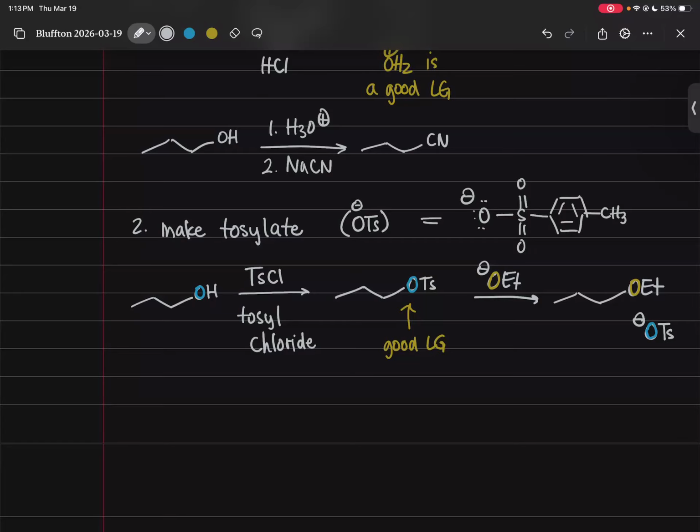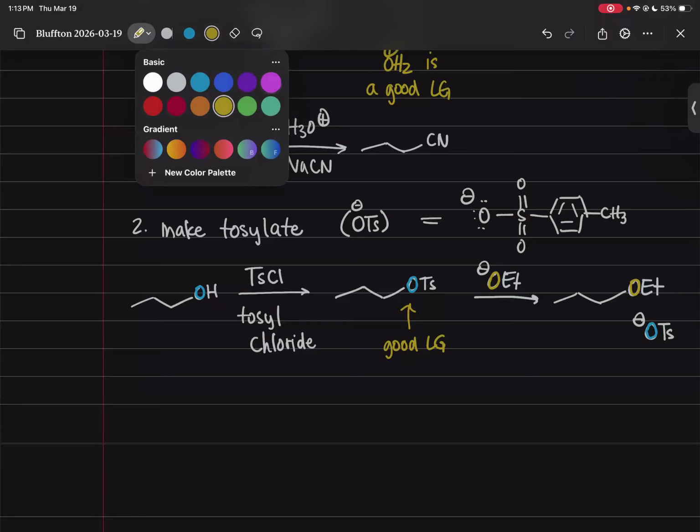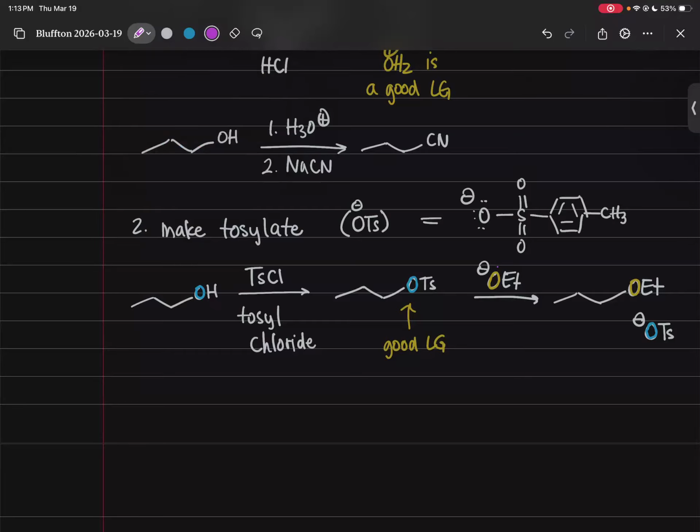But then when we do the SN2 reaction, this oxygen is the nucleophile, so this attacks. Let's draw it. There's our SN2. The oxygen that's now attached to the organic molecule is the one from the ethoxide, and it's just dragged the ethyl group along with it, and the tosylate, OTs minus, falls off.